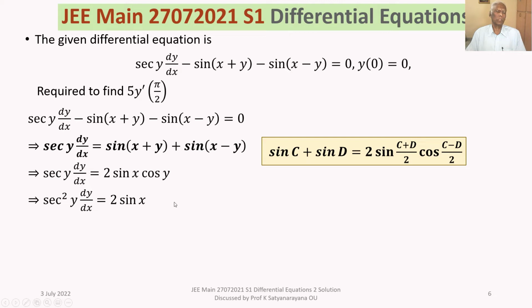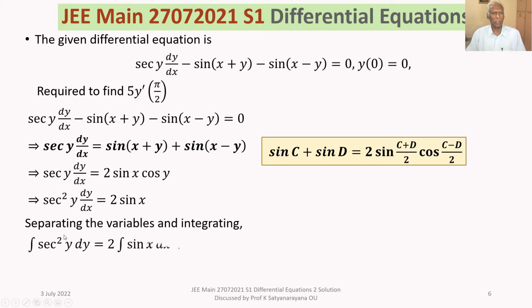Now variables are separated, and integrating we get integral of secant square y dy is equal to 2 times integral of sin x dx plus c. Thus we get the general solution of the given differential equation. Solving by separating the variables and integrating, that kind of method is called the method of separation of variables to solve differential equations.